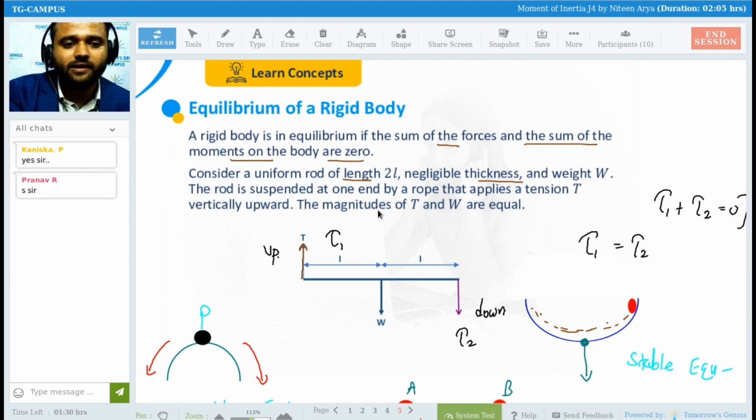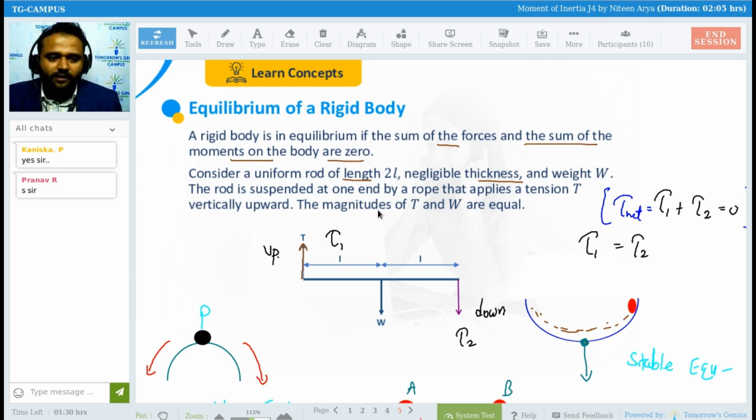Is this clear, everyone? What I'm writing, what I'm saying? For the linear case, equilibrium is the point where all the net forces are going to be 0.